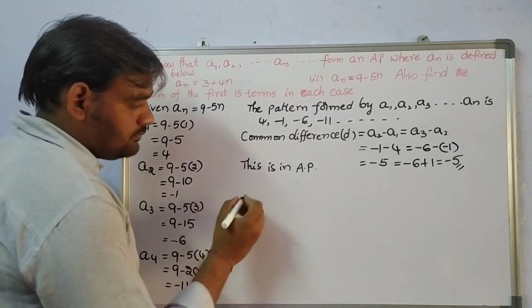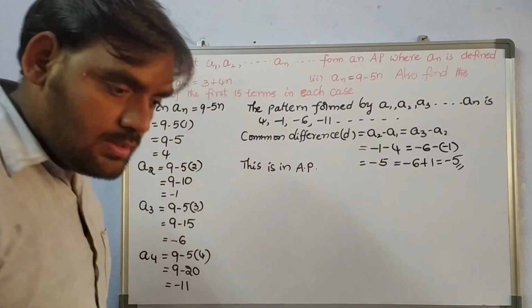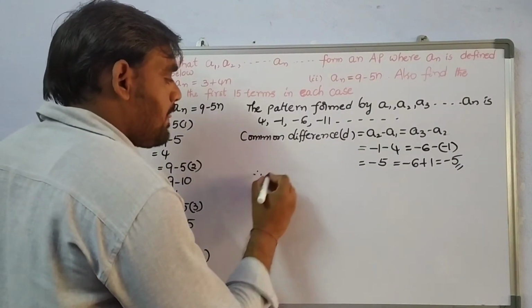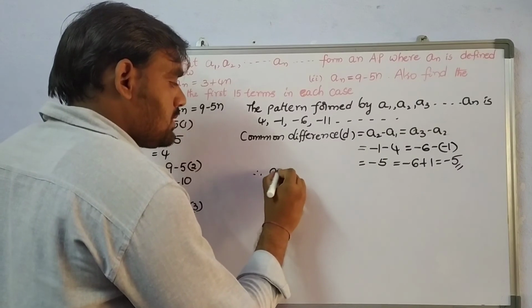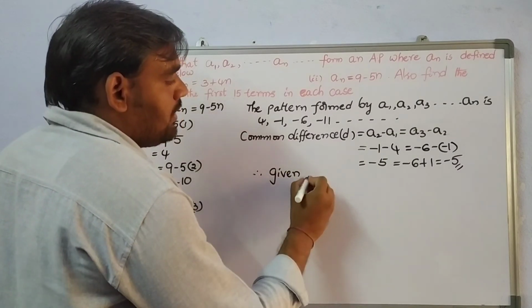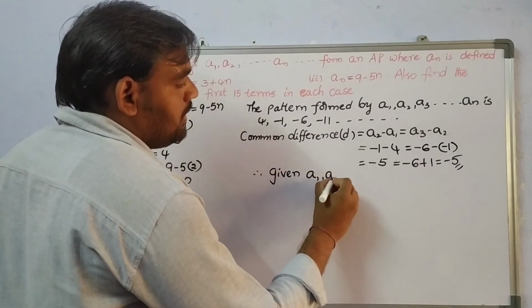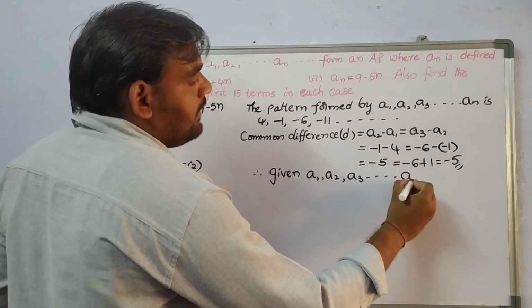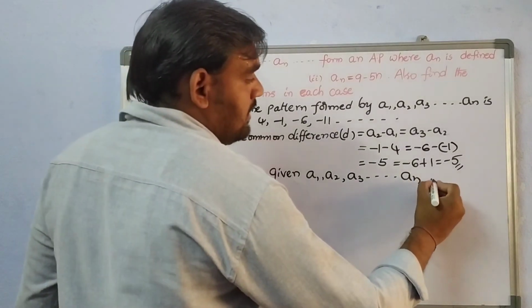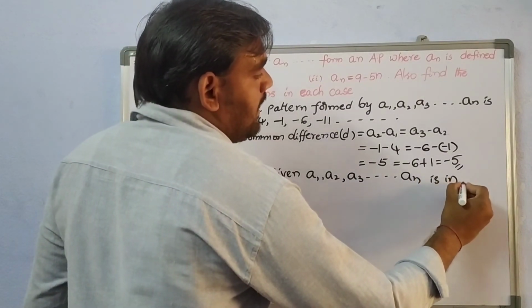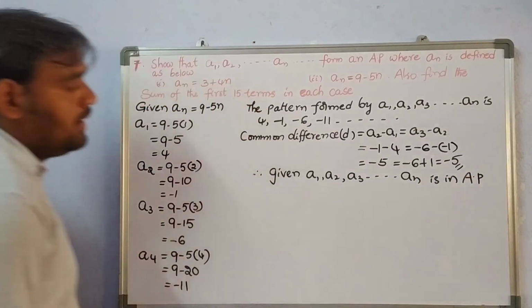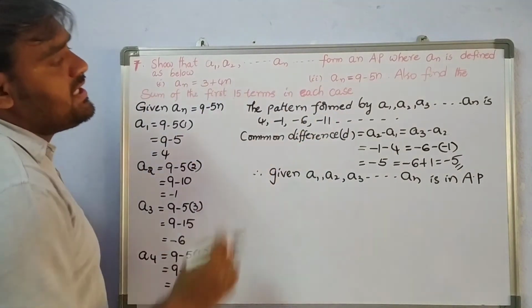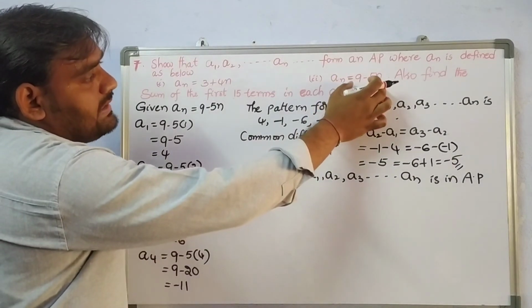Now we need to find the sum of the first 15 terms in each case. Therefore, given A1, A2, A3 and so on, An is in arithmetic progression AP. So here we are going to do the second one.